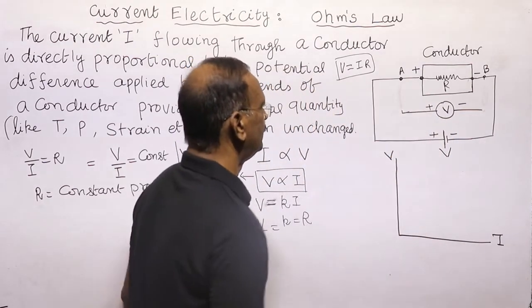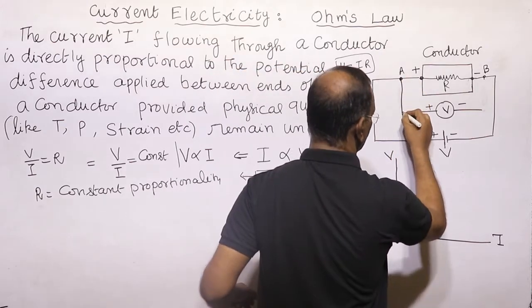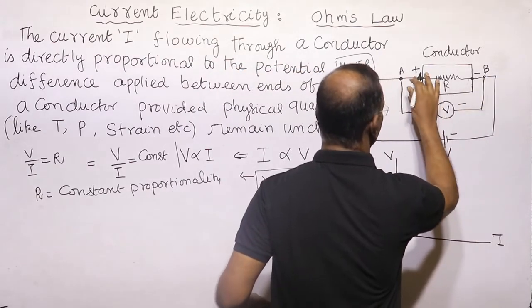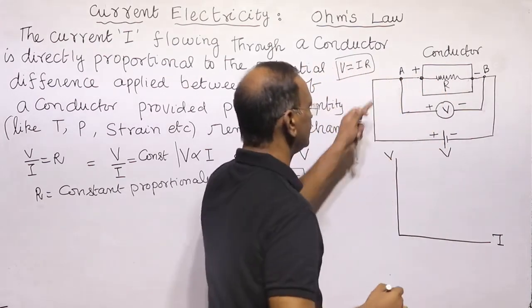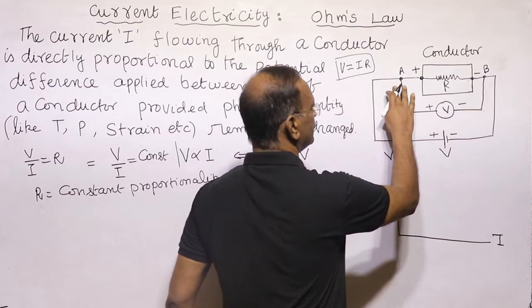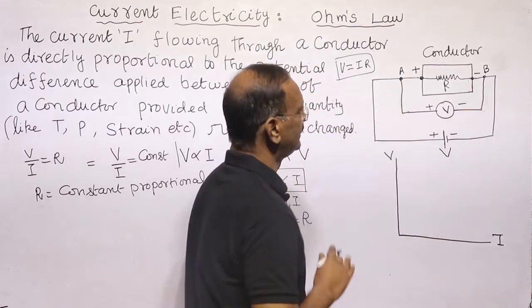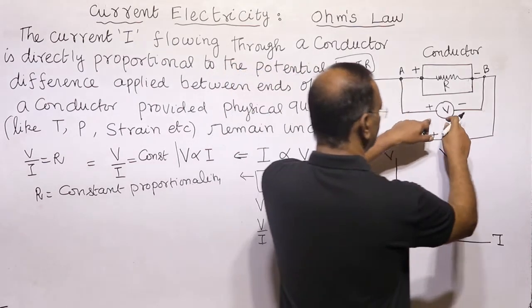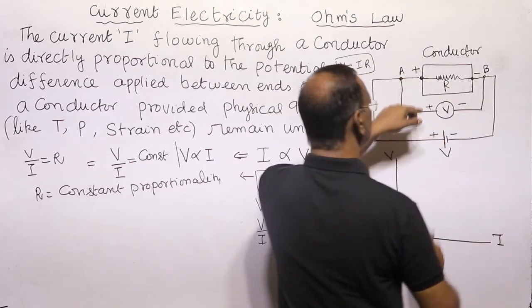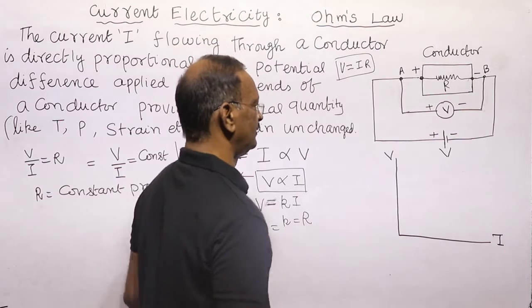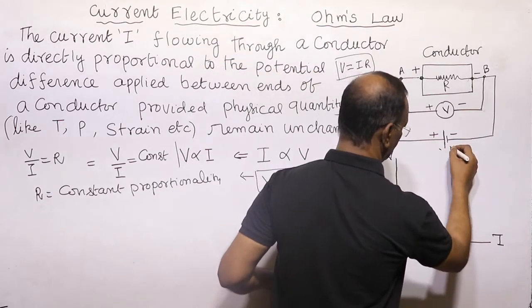If you measure the potential across these points, all the points on the wire are at the same potential, because there is no opposition in the wire, there is no resistance. The voltmeter shows the potential between these two points of the conductor, so this will show the applied voltage.